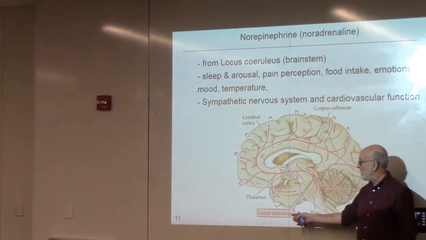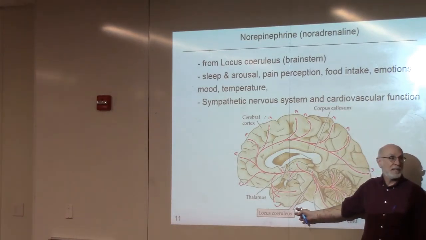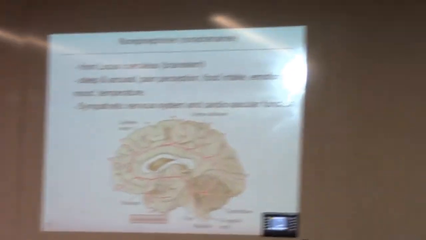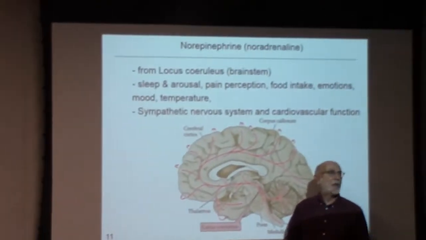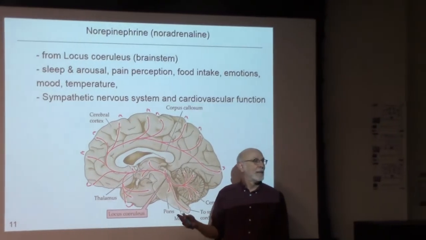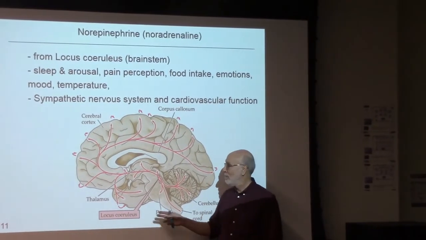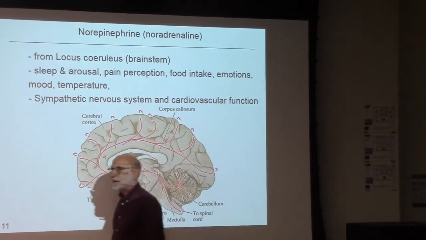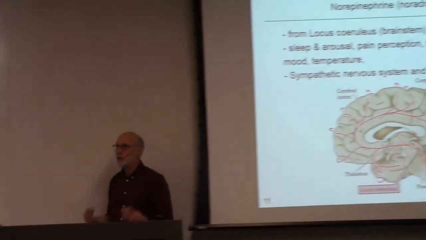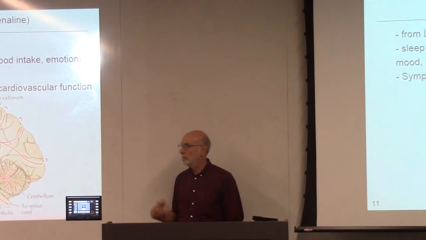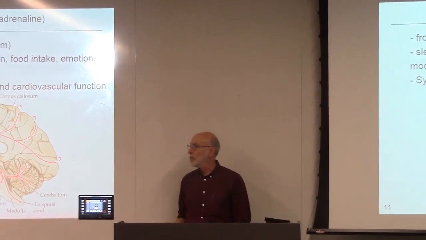Anybody know enough Latin to know what locus ceruleus means? What do you suppose locus means? Location. What is cerulean? It's a blue. So the blue location. It's bluish in color, I guess, in fresh tissues. I've never seen it look blue because I've always only looked at fixed, embalmed tissue.